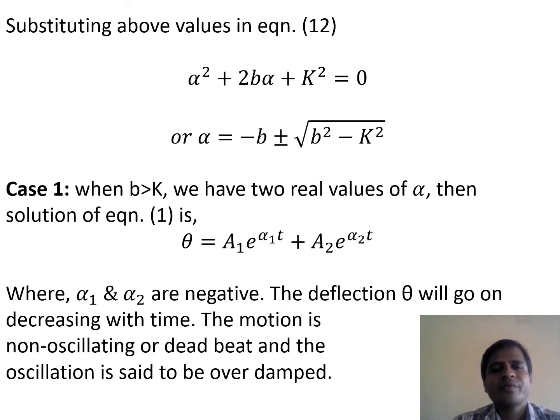Substituting these values in equation 12, we get alpha square plus 2b alpha plus k square is equal to 0, or alpha is equal to minus b plus or minus under root b square minus k square.